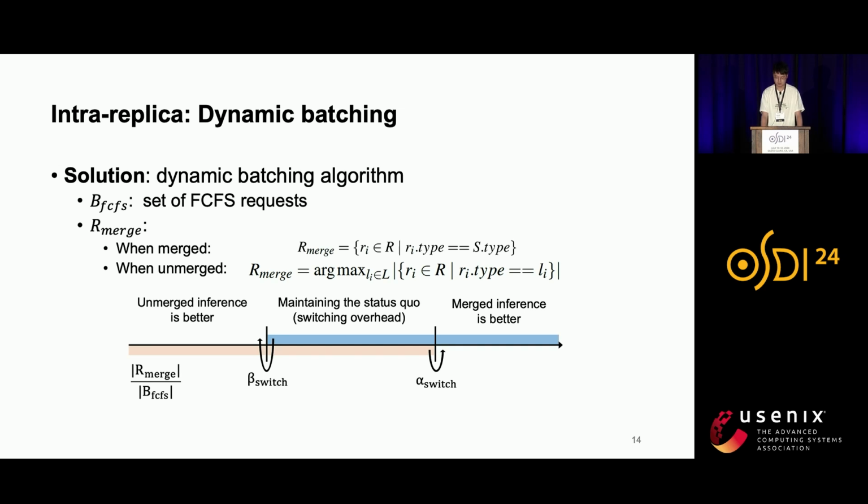To address this problem, we propose a dynamic cross-adapter batching technique. Based on the request arrival pattern and current state, dLoRA dynamically switches between merged and unmerged inference with different batching strategies to reduce the end-to-end latency.